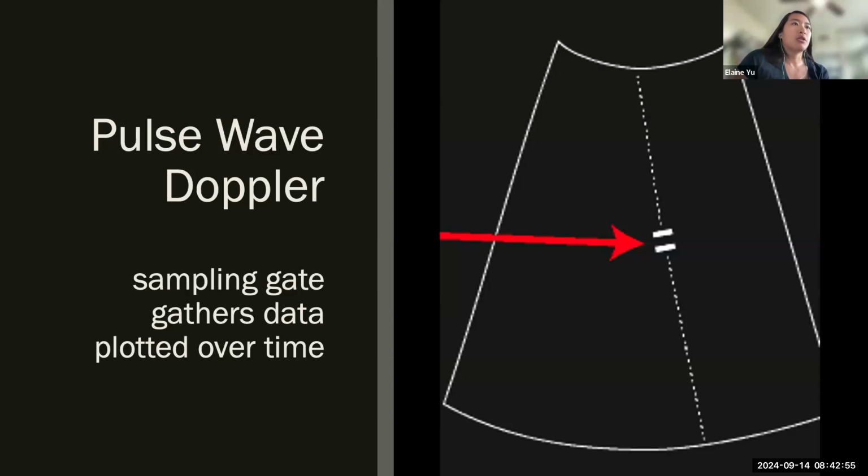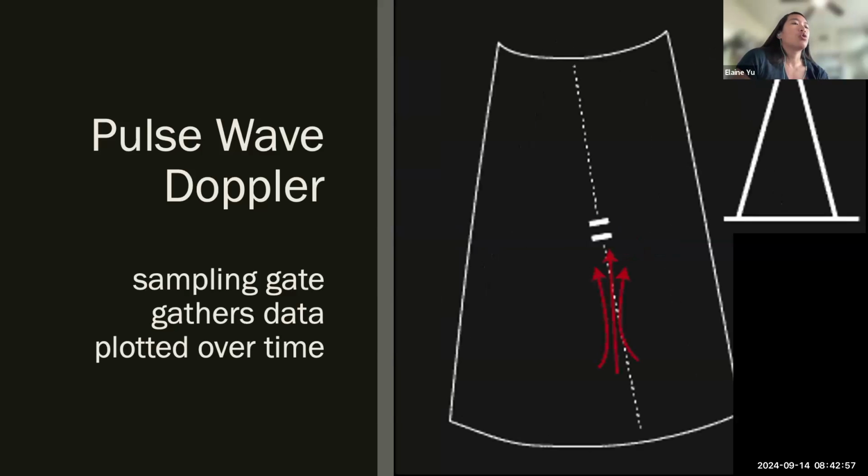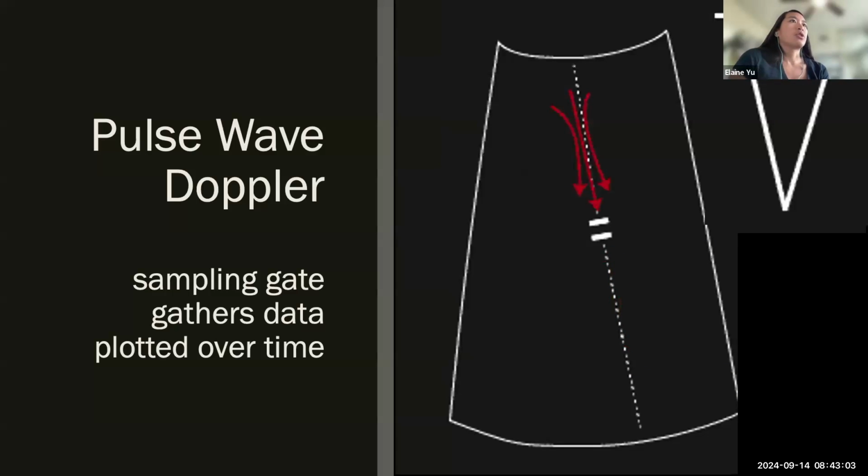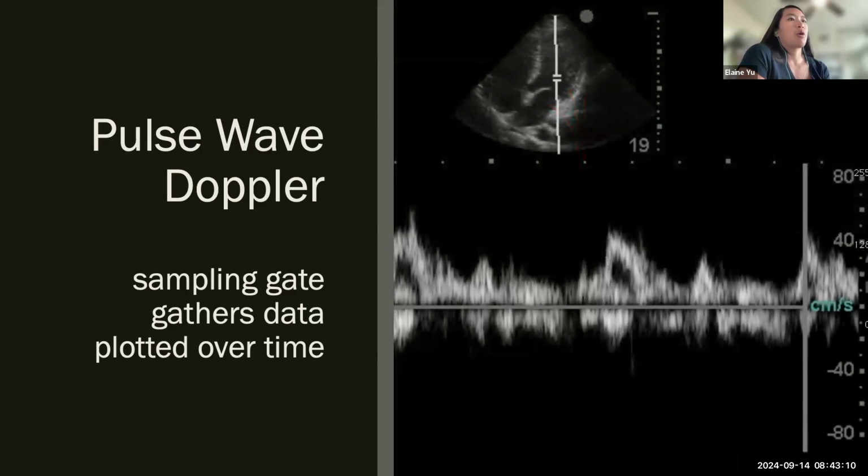And so when you put your sampling gate, any flow towards the probe is going to give you an upwards deflection of your pulse wave, versus away from the probe is going to be a downward deflection. And so when you get your waveform, it's going to look like this for flow towards and away from the probe. And that's how you can look at different patterns of flow.